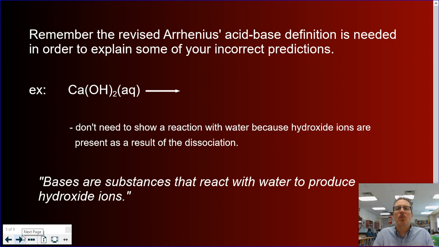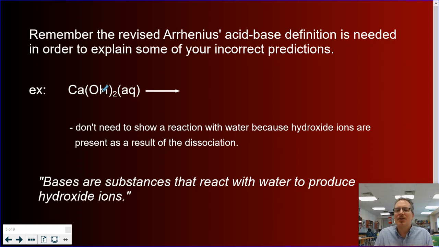Okay, well, what I want to do is the same thing, but this time I want to remind us of the revised Arrhenius definition of a base. So I'm again going to take a base that we had previously figured out correctly on that chart, and that is calcium hydroxide. Now, in this case, I don't have to add water to the equation because it's already got the hydroxide ion in it.